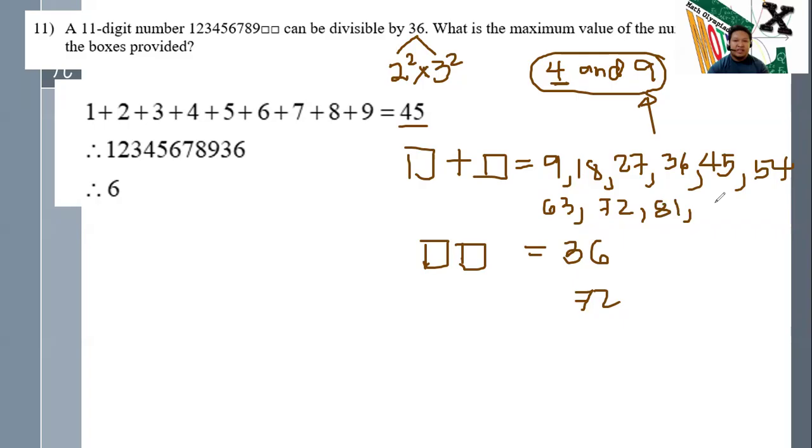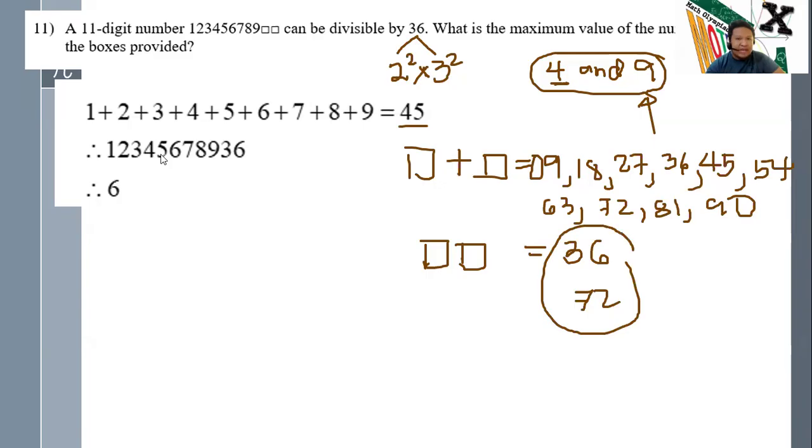Those are the possible cases for the last two digits. But because of the divisibility rule of 4, 36 is 9 times 3, so we'll have either 36 or 72.